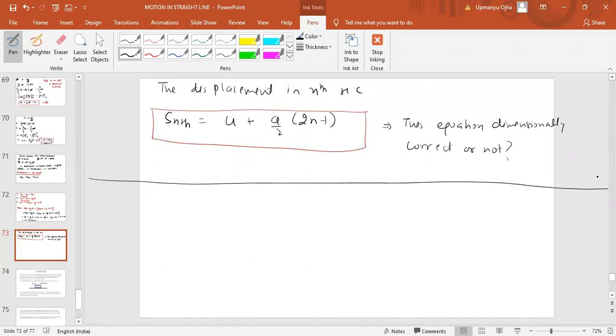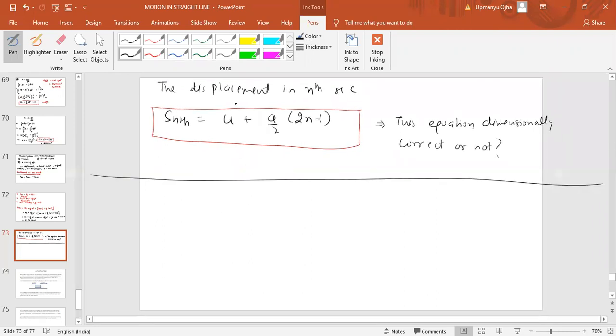All the three equations of motion. First of all, while using these formulas, there are some rules you have to understand. When the particle is moving in the horizontal direction, the horizontal direction is normally taken as x and minus x, with this as the origin.